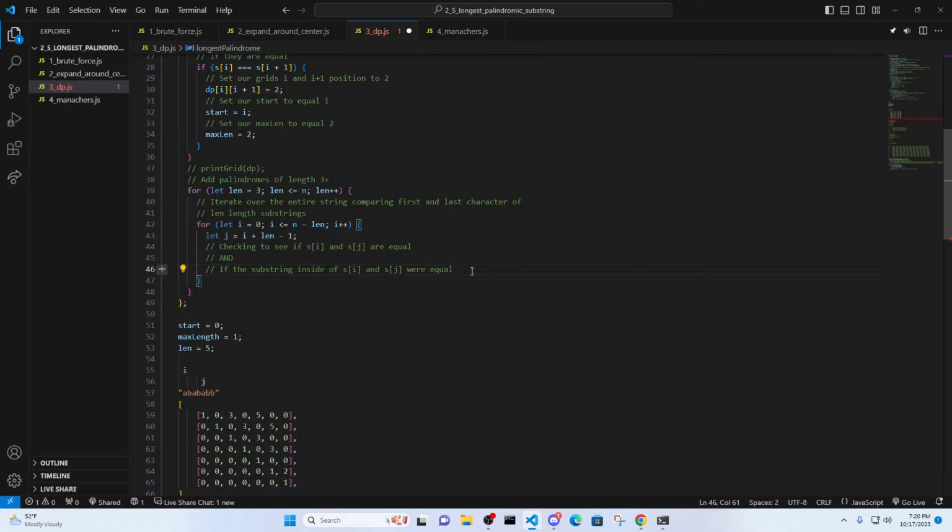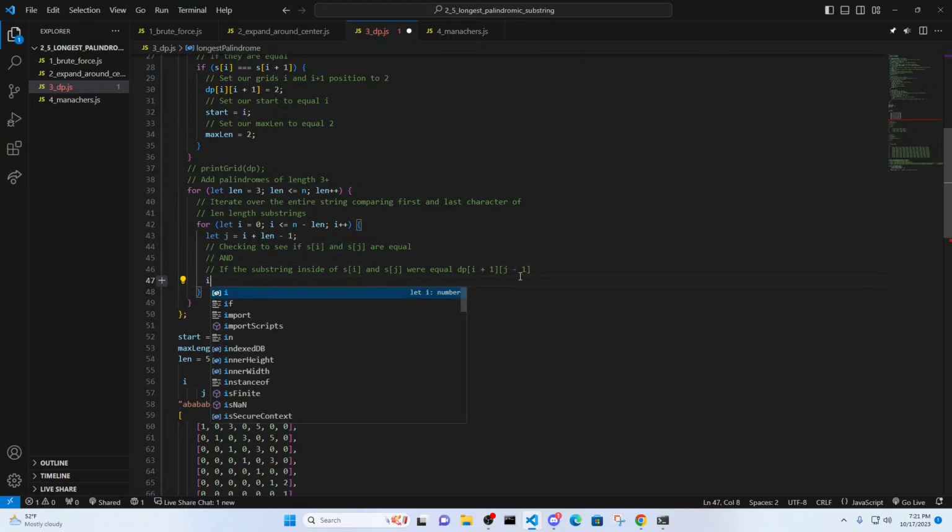And we check that by checking dp[i+1][j-1]. And if this is a truthy value, then we know that the substring inside of s[i] s[j] was also a palindrome, and then we could say that this was also a palindrome here.